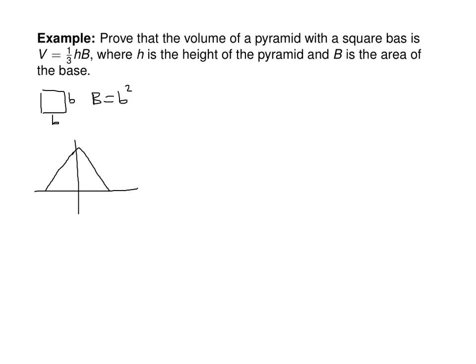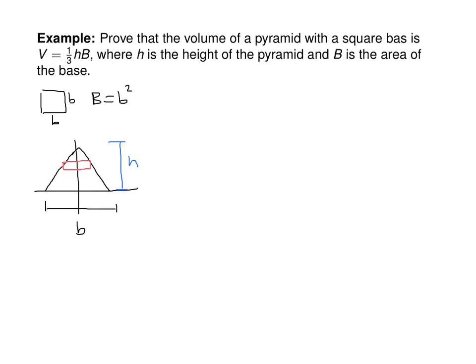The width of the base at the bottom is lowercase b, and the height is h. Now in this case, we are going to slice this way, and those slices will yield squares. The squares near the base are bigger than the squares near the tip.